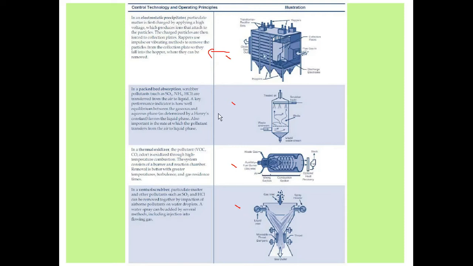This one is for SO2 and can use absorption or an absorption scrubber. Thermal oxidation is for VOC, CO and odor. A scrubber is for SO2 and hydrochloric acid. For particles it can be a scrubber. So each treatment has certain pollutants that can be removed using that method.